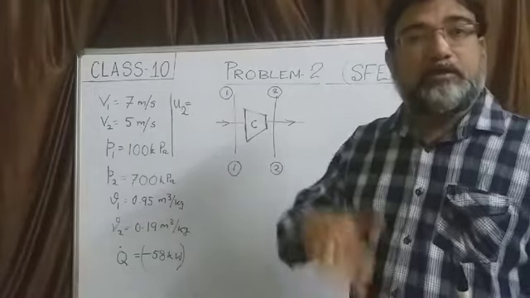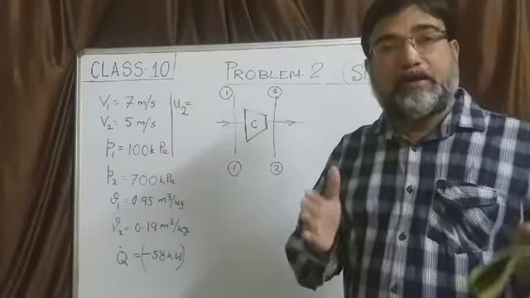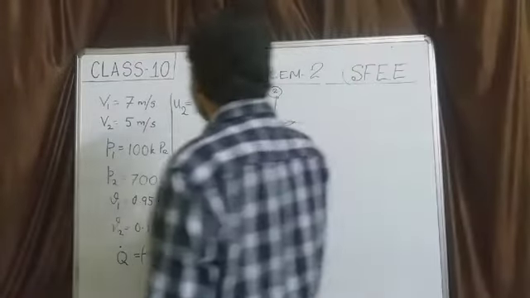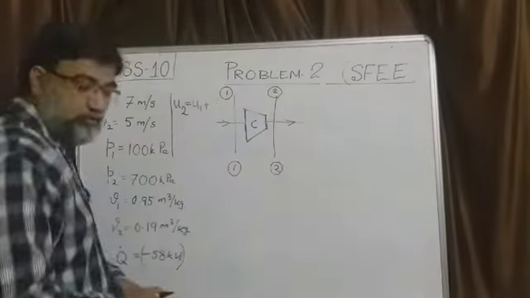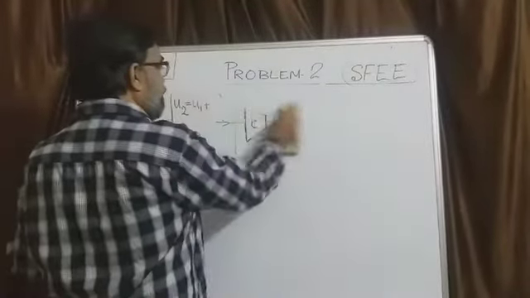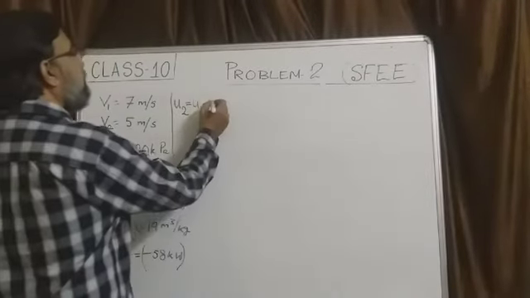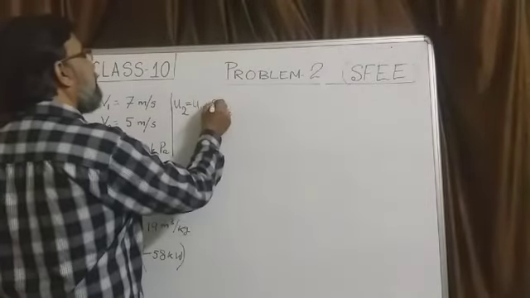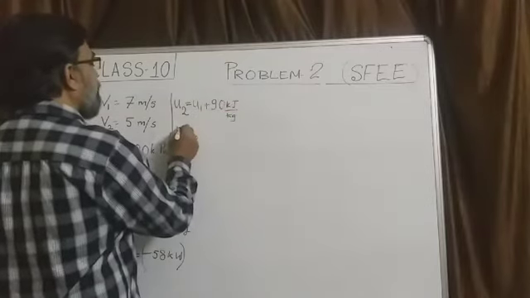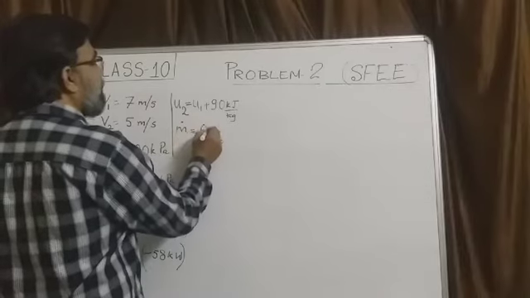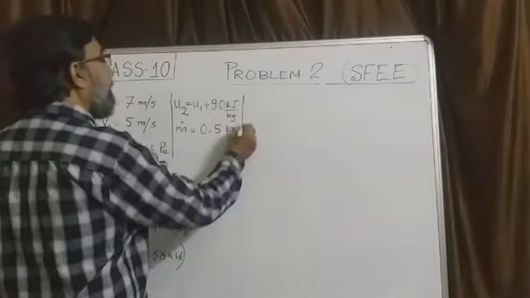U2 is bigger than U1 by 90 kilojoules per kg. So U2 is U1 plus 90 kilojoules per kg, and the mass flow rate is 0.5 kg per second.